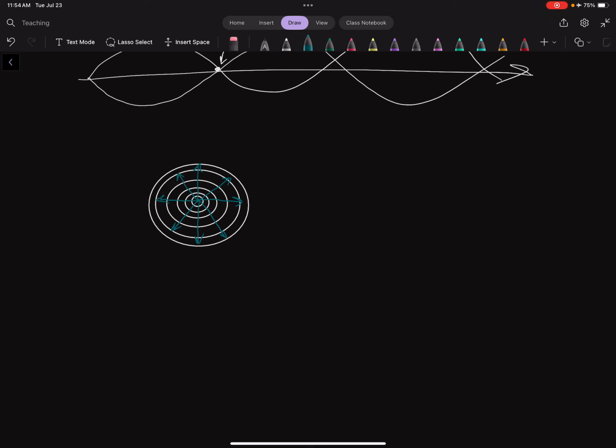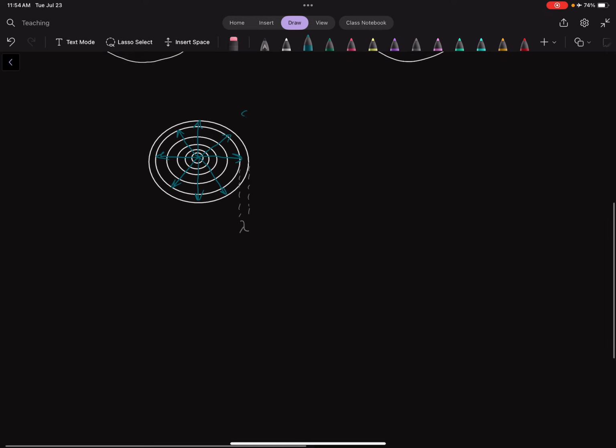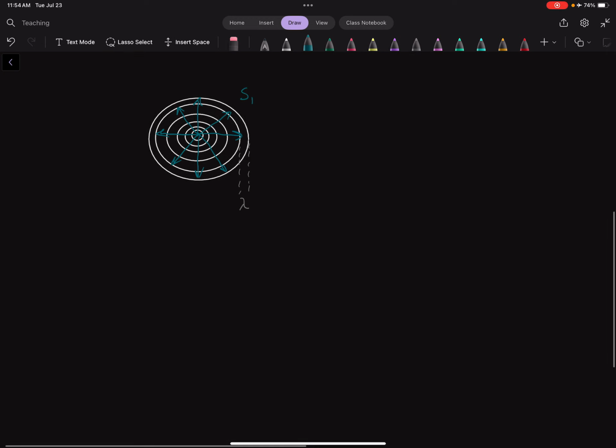Okay. And I'll illustrate that the difference here between the lines is supposed to be wavelengths, right? So let's call this source 1, S1. So this is a source, right? A wave source in 2 dimensions.